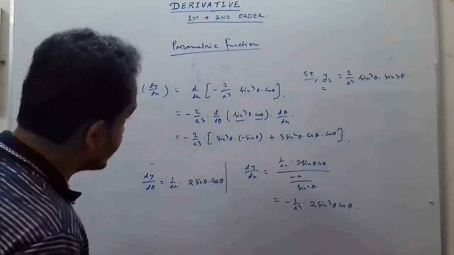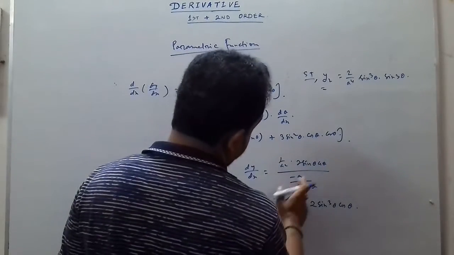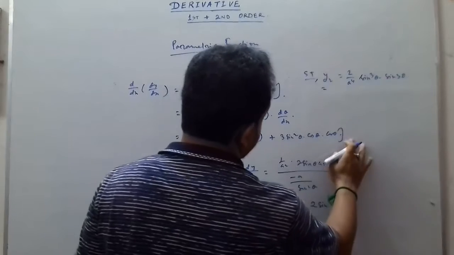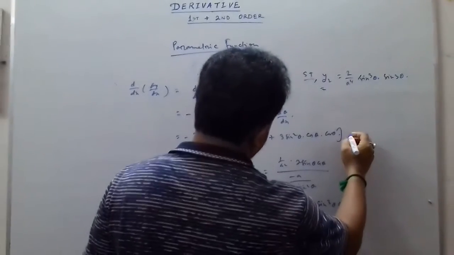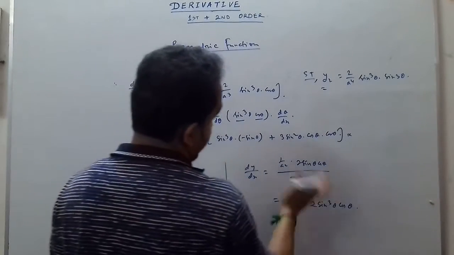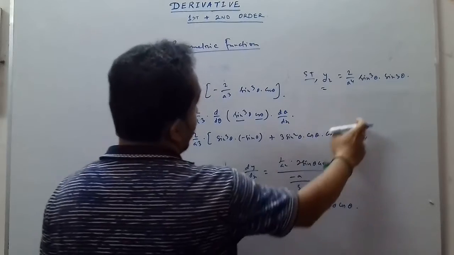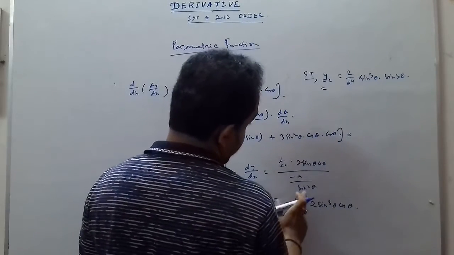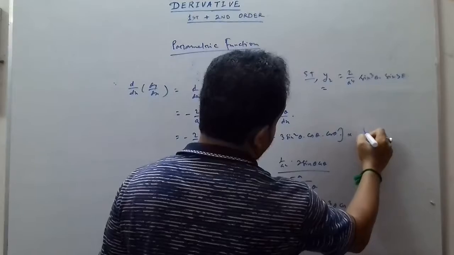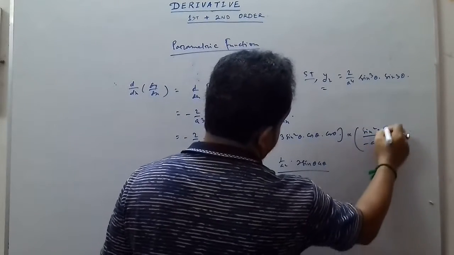Now what is d theta by dx? dx by d theta is equal to minus a over sin square theta, so d theta by dx is the reciprocal, that is sin square theta divided by minus a.